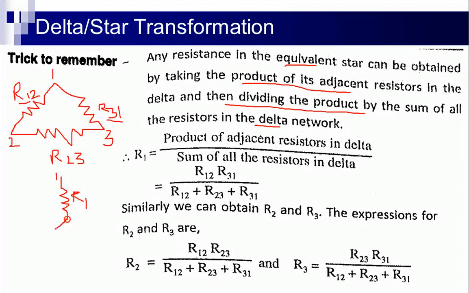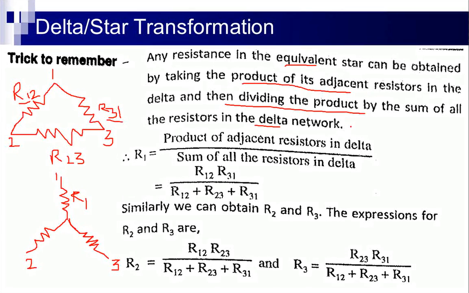This will be the resistance connected to the second terminal, and similarly the resistance connected to the third terminal will be given by the formula R23 into R31 divided by R12 plus R23 plus R31.